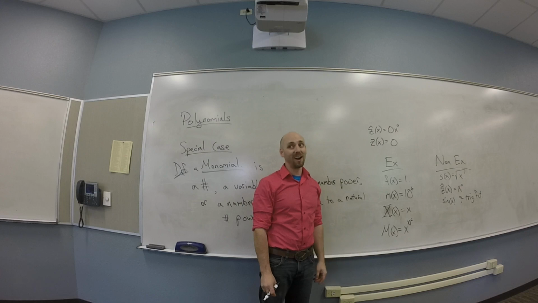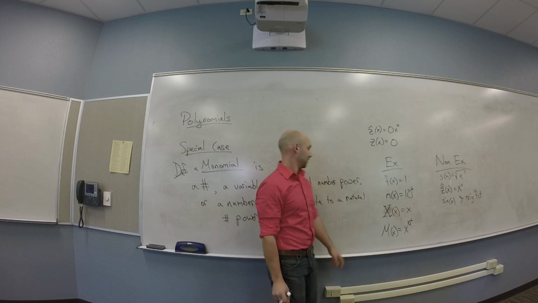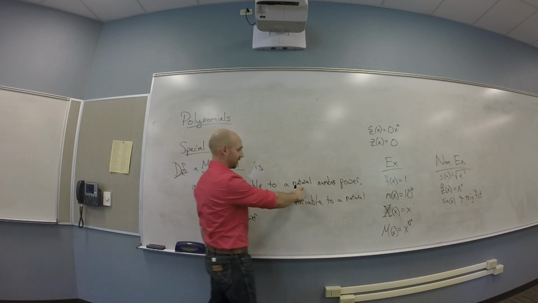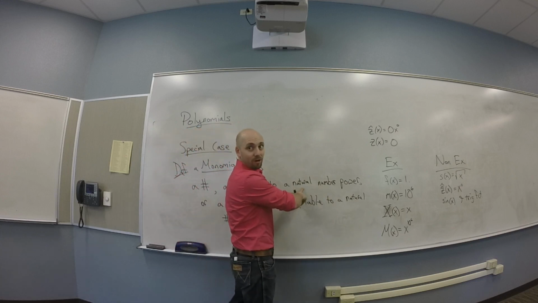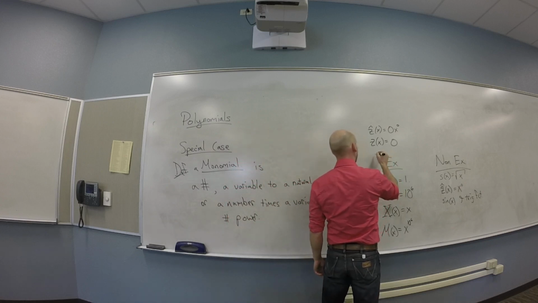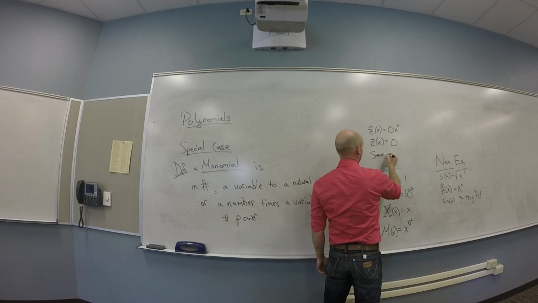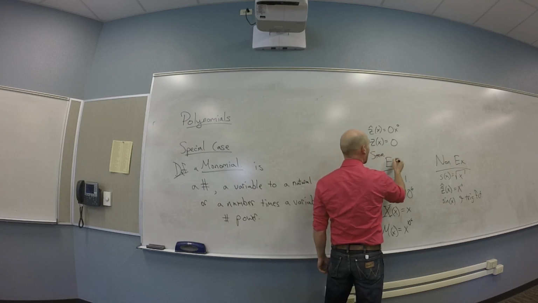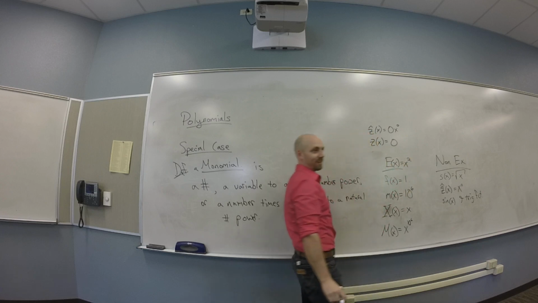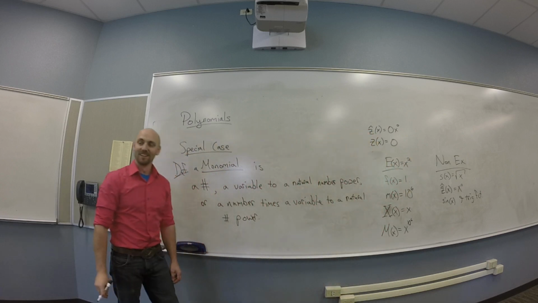How about x squared? Is that a monomial? Yeah, totally. It's a variable, x, to a natural number power, 2 specifically. You can put a number in front of x and it's also a monomial.